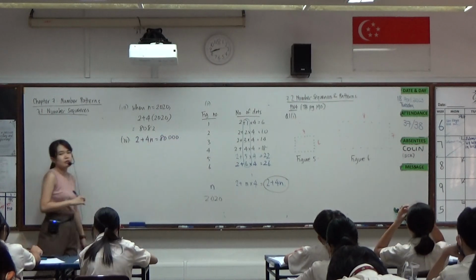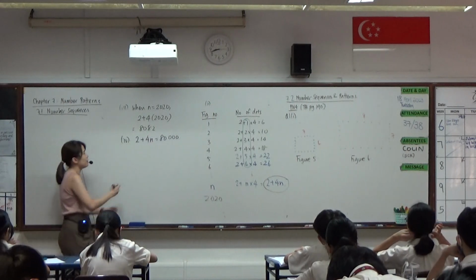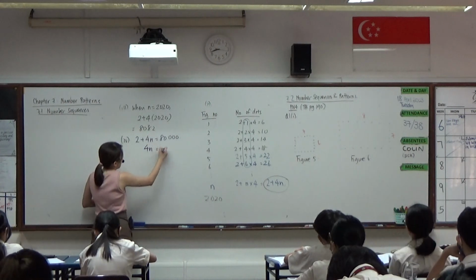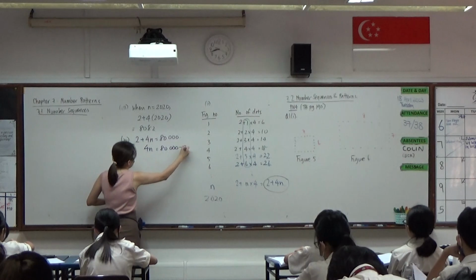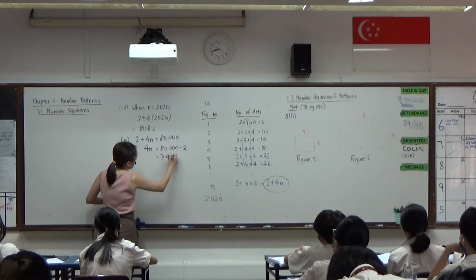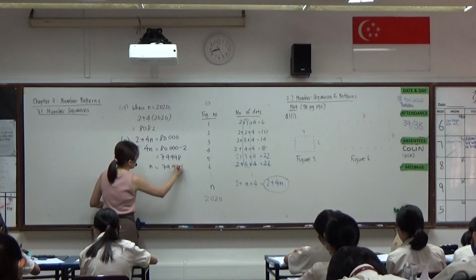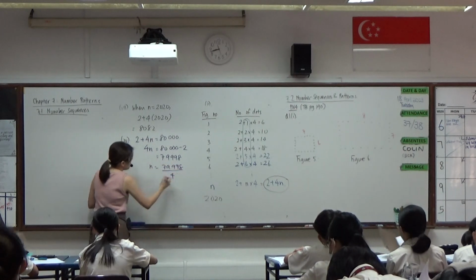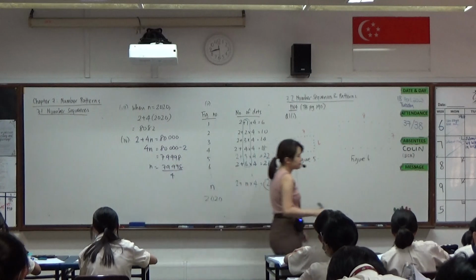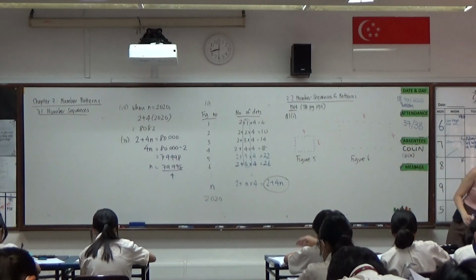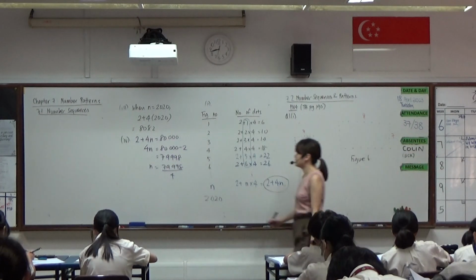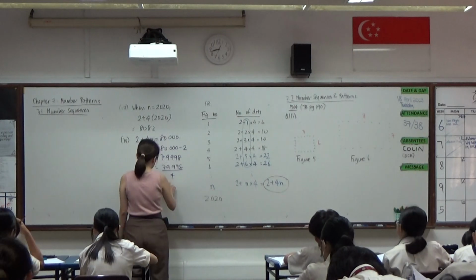And then we check to find out what is the value of n, and that will be 4n equals to 80,000 minus 2, so 79998, and n equals to 79998 divided by 4, and we get 19999.5.